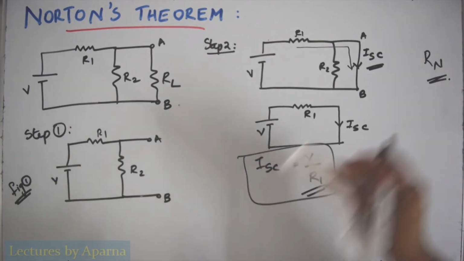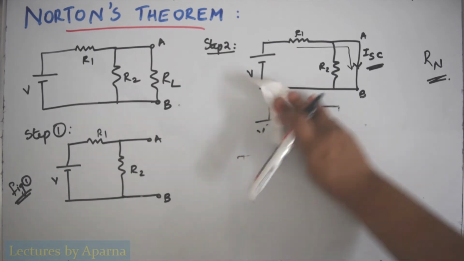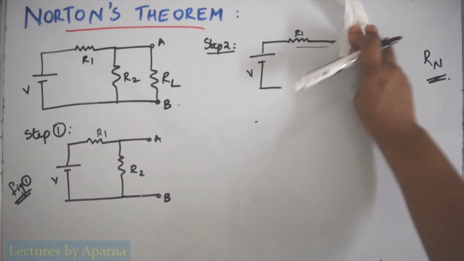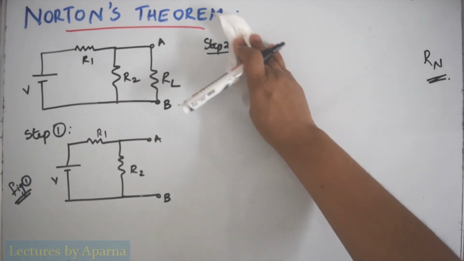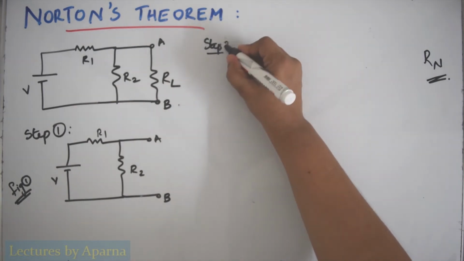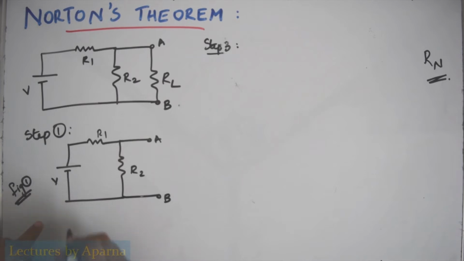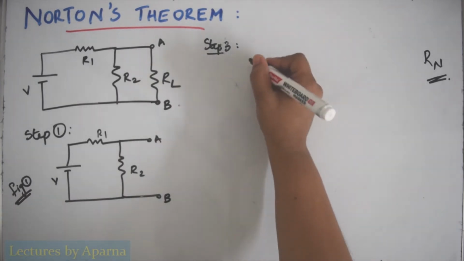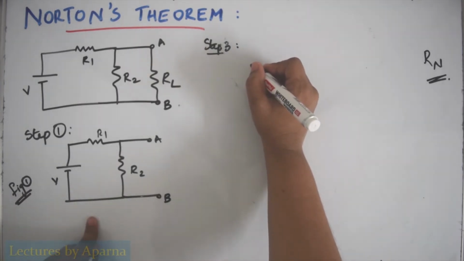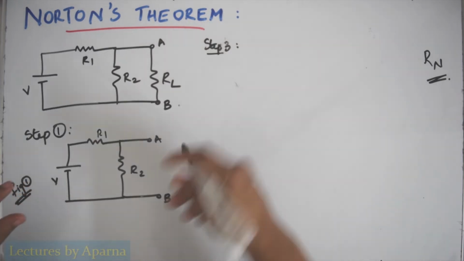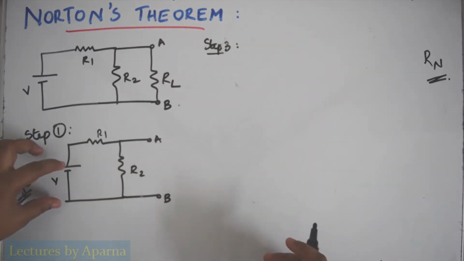So for that, in step 3, I have to take this network which is figure 1. From this figure 1 I have to remove the voltage source.